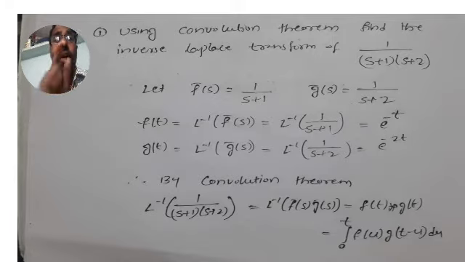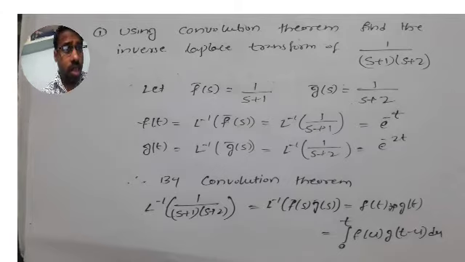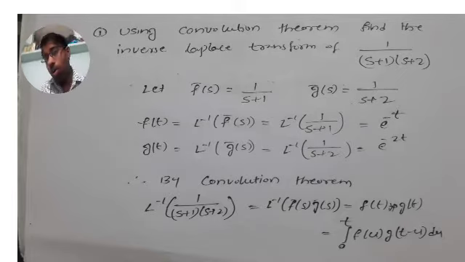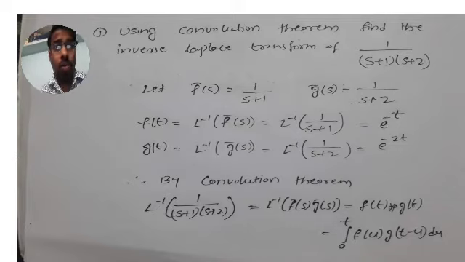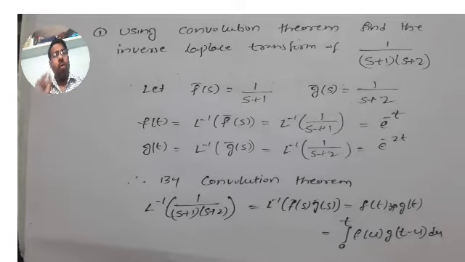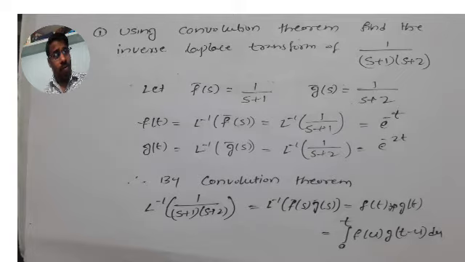But in the question, read carefully what is given. It is given that using the convolution theorem only you have to find this inverse Laplace transform. So if you do it by partial fractions, you will get 0. You won't get any marks. You have to do the problem using the convolution theorem only. Once it is mentioned in the question that you have to use convolution, you have to use the convolution itself.